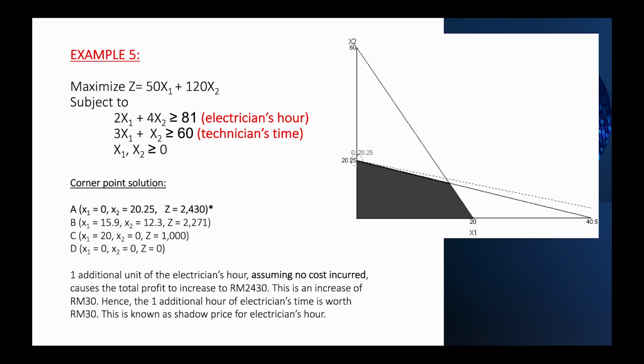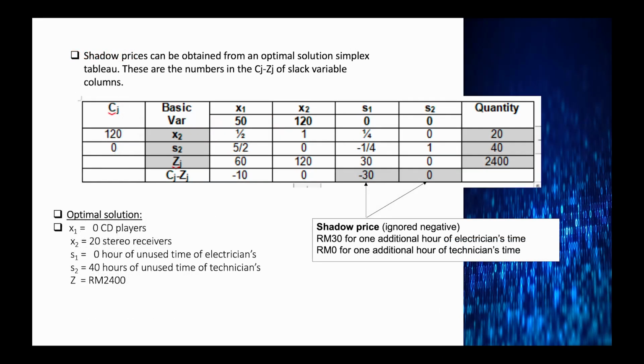The shadow price can be obtained from the optimal solution simplex tableau. They are the numbers in the Cj minus Zj of the slack variables column. So in this table, slack variable 1, the shadow price is RM30 for one additional hour of electrician time, and slack 2 represents technician time, the shadow price is RM0.